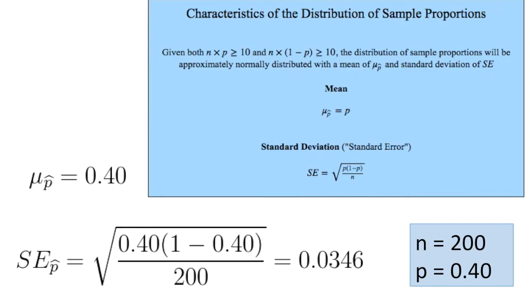The square root of 0.40 times 1 minus 0.40 divided by 200 equals 0.0346. Now I'll go to Minitab Express and I'll construct a normal distribution with a mean of 0.40 and a standard deviation of 0.0346.